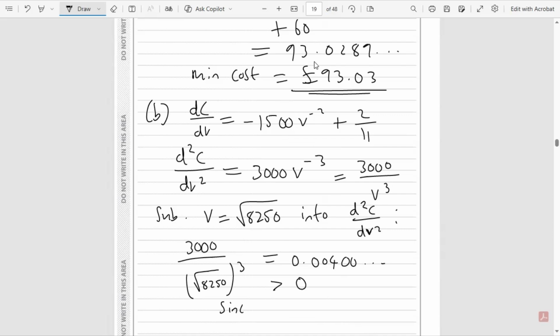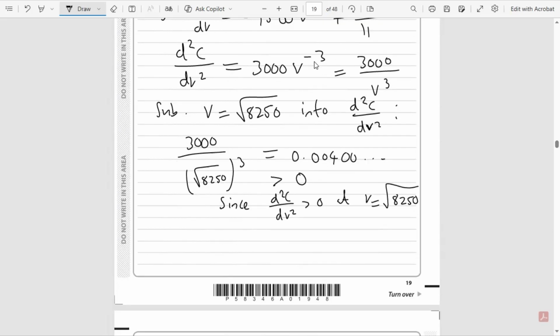So since the second derivative is positive at v equals root 8,250, therefore this speed minimizes the cost. Perfect. So that would be the answer to part B.